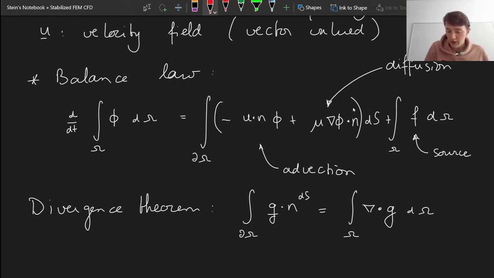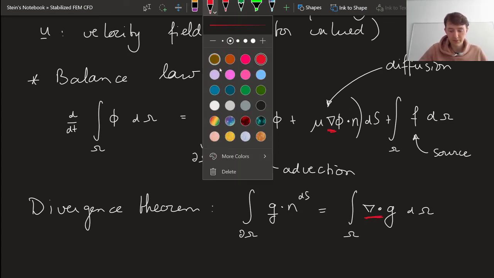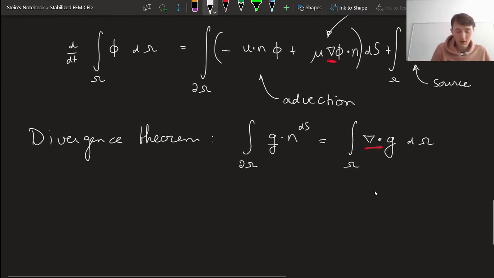So here we see a gradient operator. And here we see a divergence operator. So let me explicitly state what these are. So the gradient operator acts on a scalar valued function, so in our case here phi.